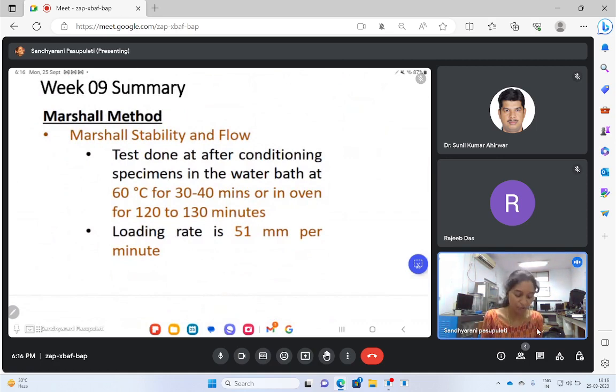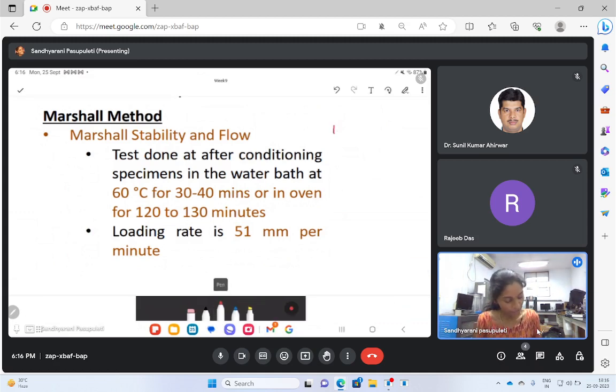In the standard Marshall mix design, the specimen size would be 101.5 by 63.5 mm, let us say. The specimen sizes would be different, and also the hammer weight would be different, and also the stability flow conditions would be different.